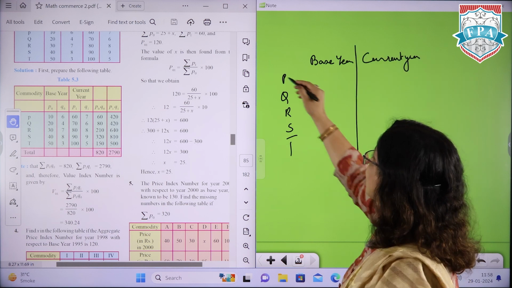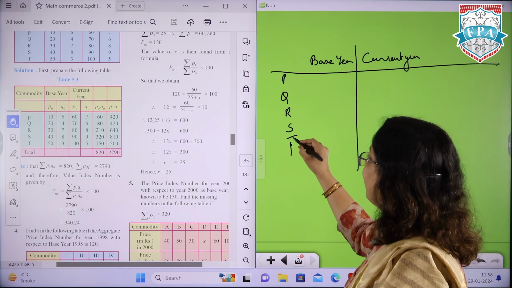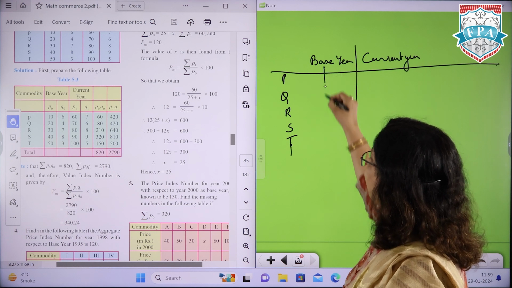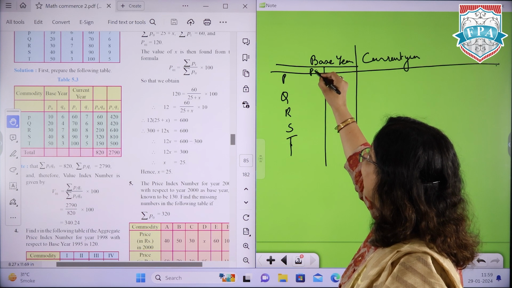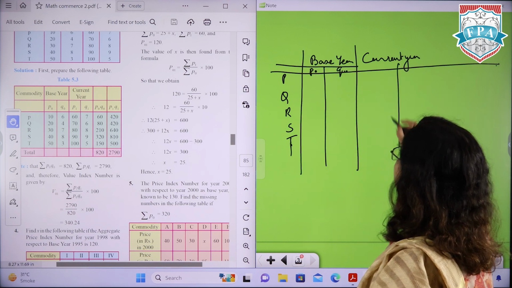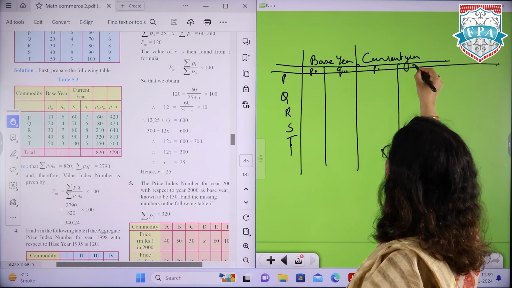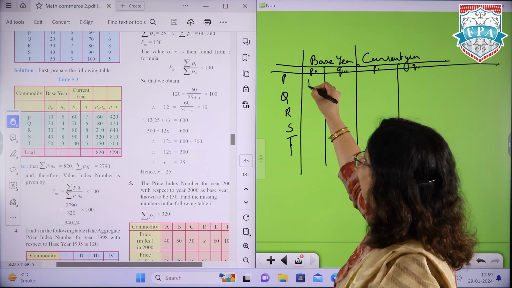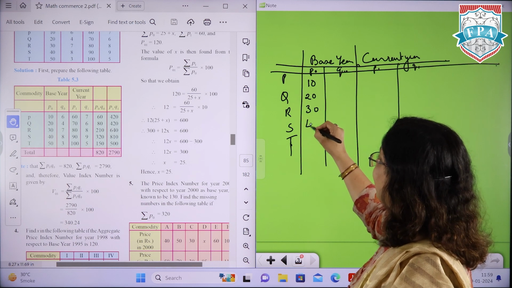This question has to be solved in tabular form, so your table needs to be very, very clear. The base year will be divided into two parts because we are having both P0 as well as Q0. Similarly, the current year will be divided into two parts, that is your P1 and Q1. So let's see the values which are given over here: 10, 20, 30, 40 and 50.